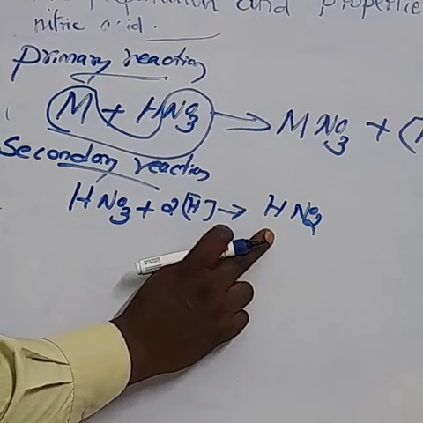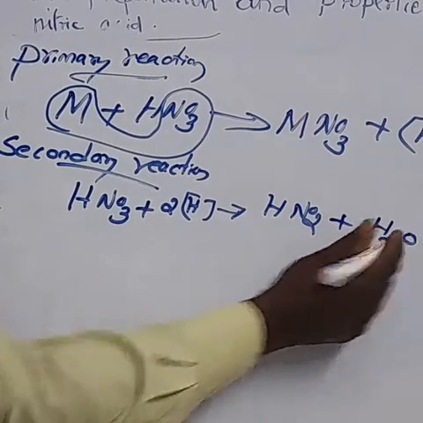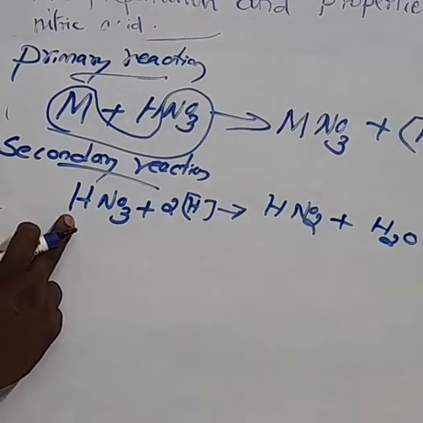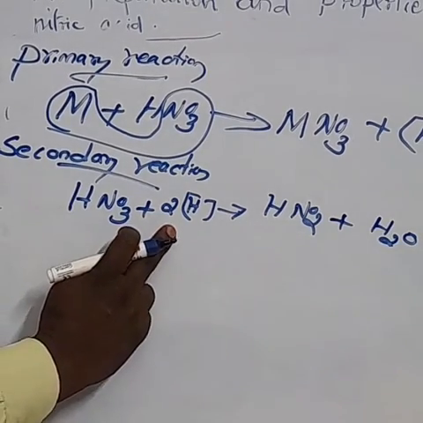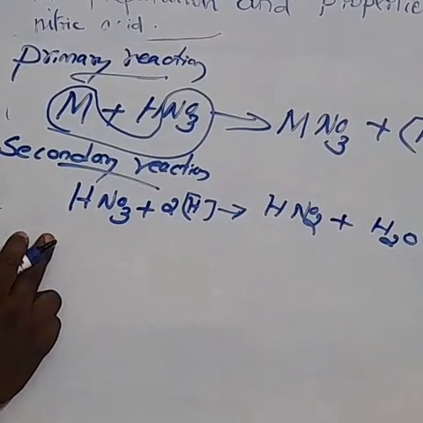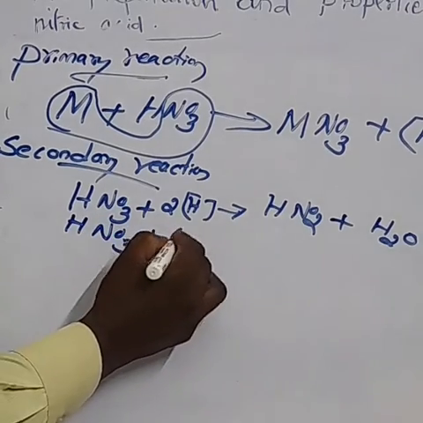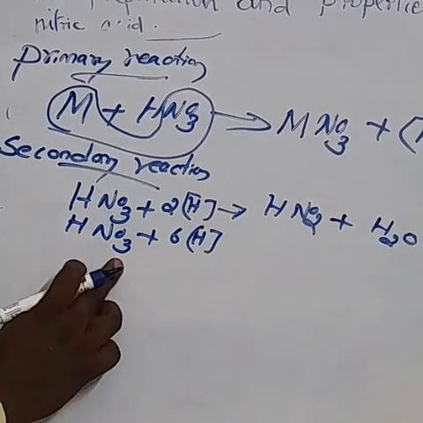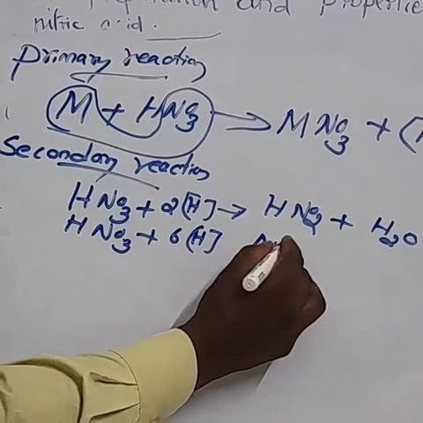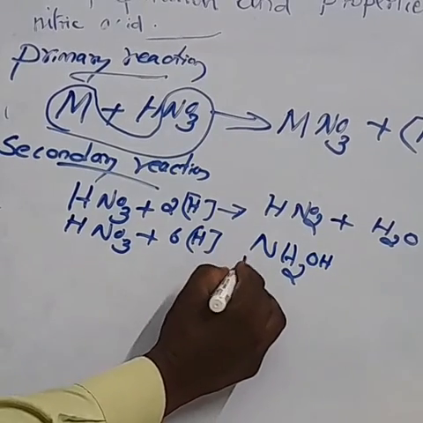So nitric acid reacts with 2H, and we get nitrous acid plus water. Okay. Next, nitric acid reacts with 6 hydrogen to form hydroxylamine, formula NH2OH. Hydroxylamine. Okay.